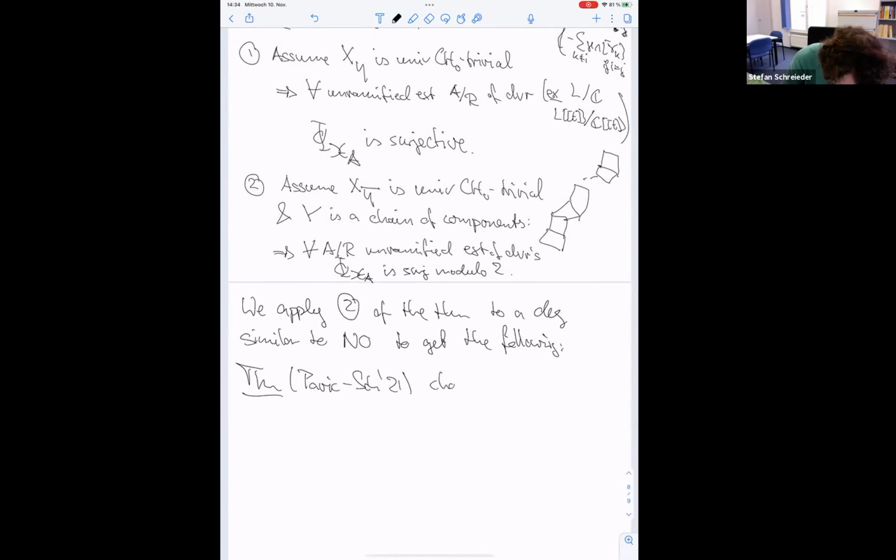The characteristic of the field should not be 2, and X is a very general quartic.